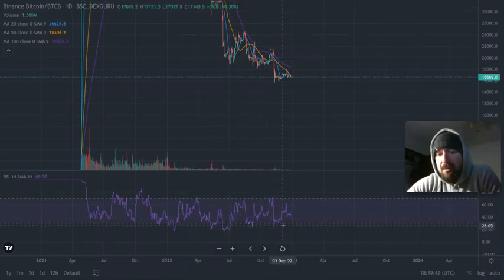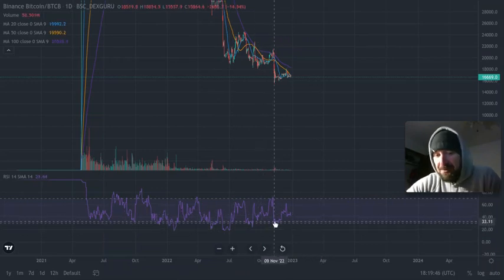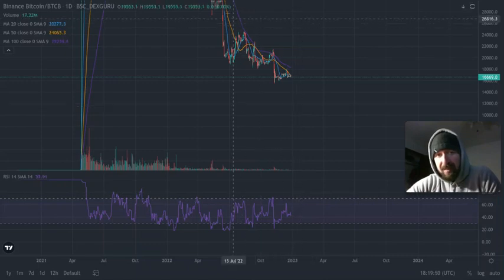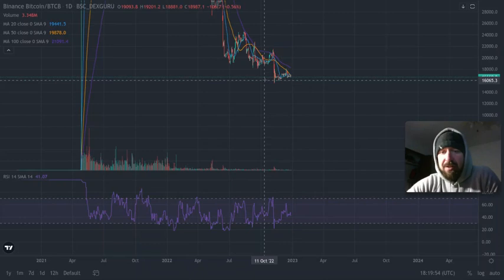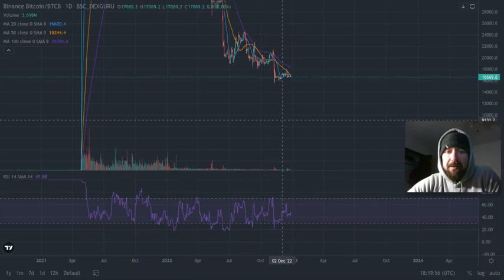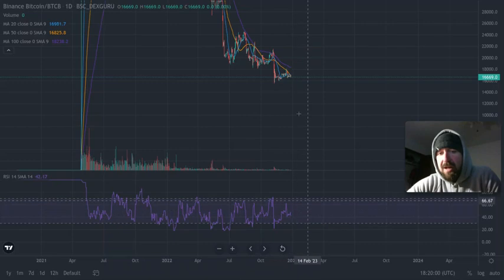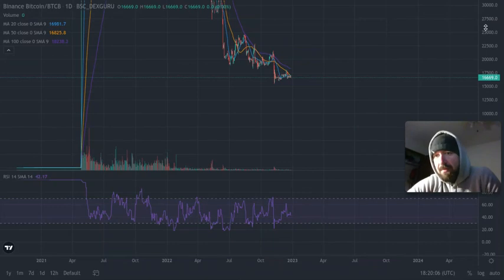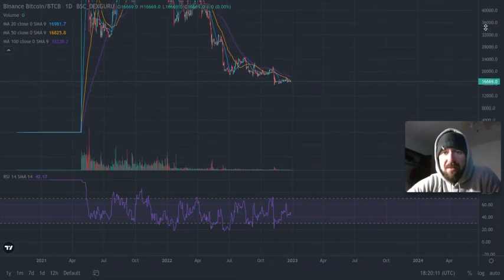When you get higher lows and lower highs on the RSI, but you're getting lower highs and lower lows on the price movement, you call that bullish divergence. You usually see bullish divergence pop into short-term price gains. If you're looking on a longer-term scale, long-term price gains. Just depends on how you use that indicator.